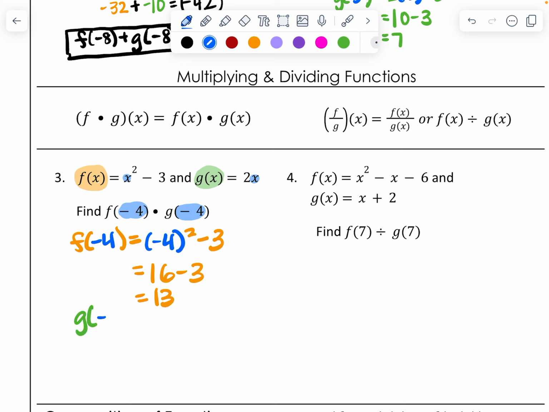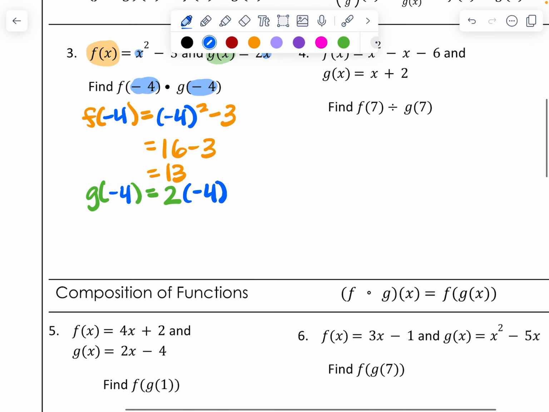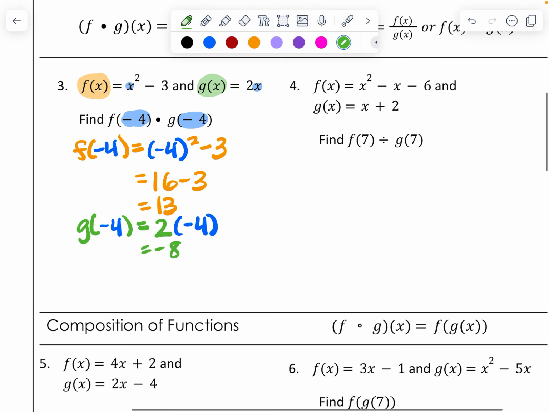G of negative 4 equals 2 times negative 4, which is negative 8. Now we are multiplying this, so 13 times negative 8 equals negative 104.